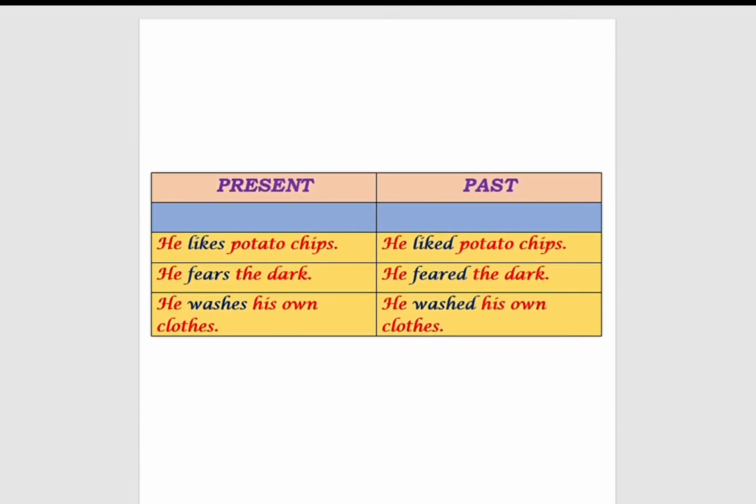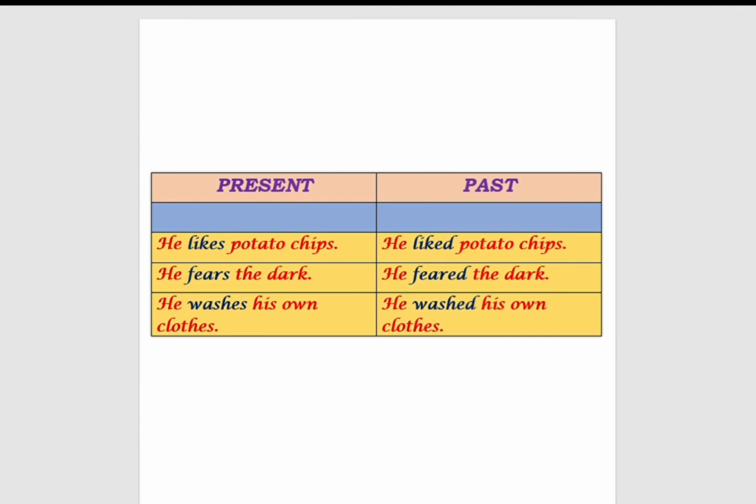Now we can change the tense of a verb from the present to the past in many ways. The following sentences are some of the ways in which this can be done. So if the verb in the present tense ends in S or ES, we drop the S or ES and add D or ED.